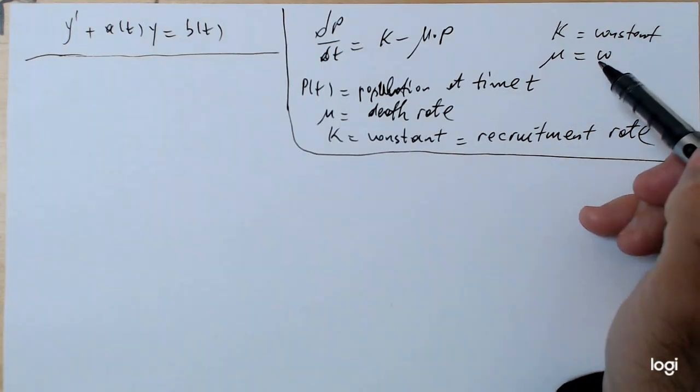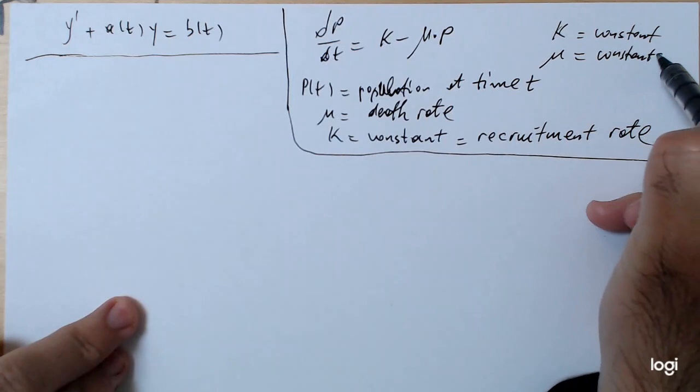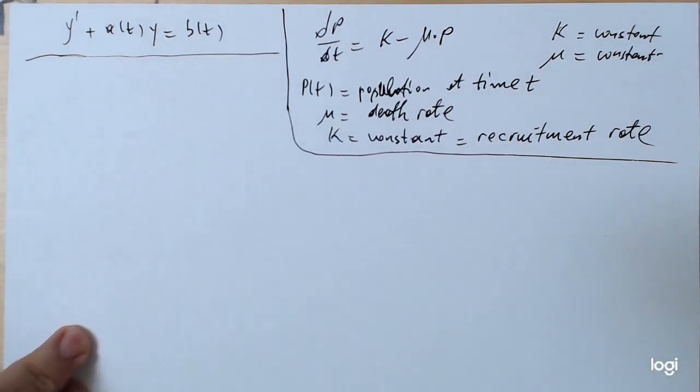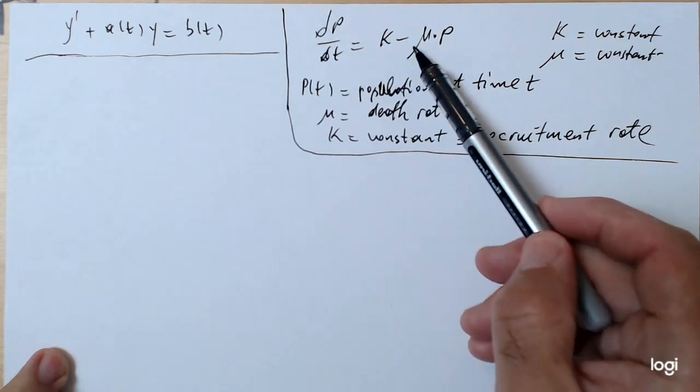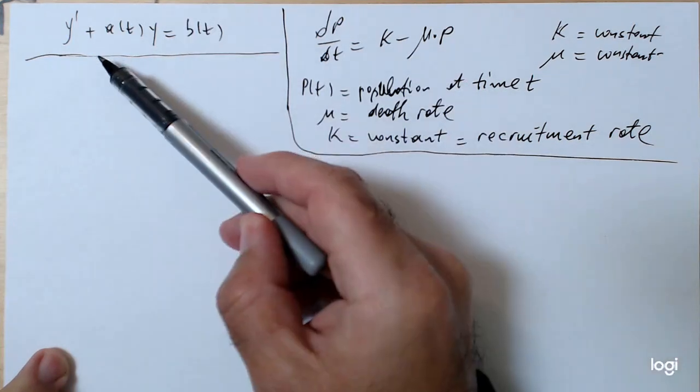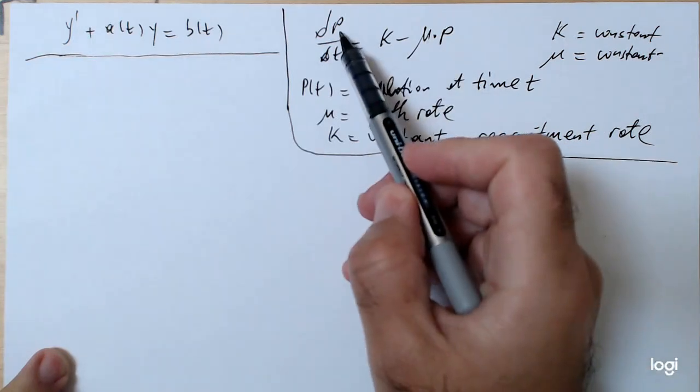So k and mu are constants. And so, if I want to use this framework to solve this ODE, I have to write it in this form, which means y of t is replaced by p.